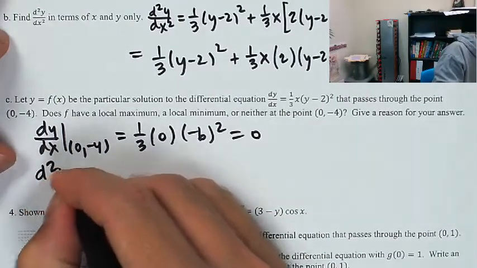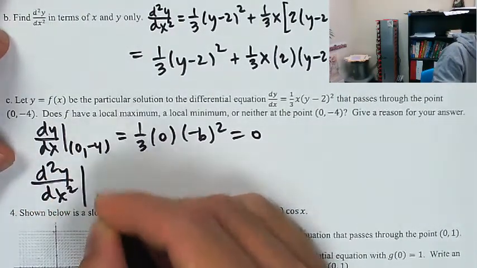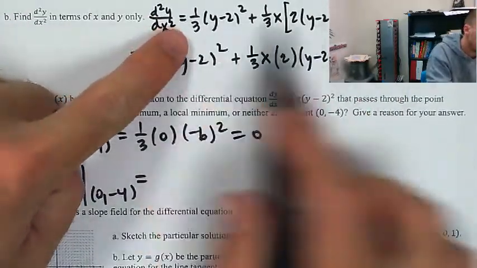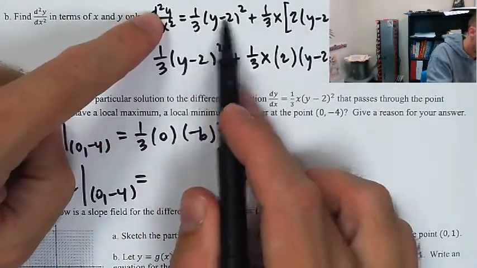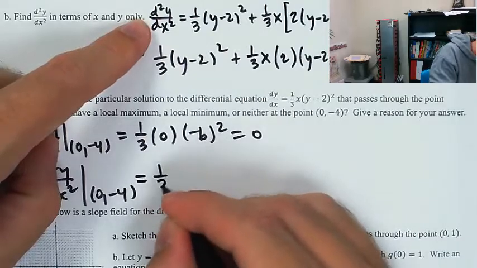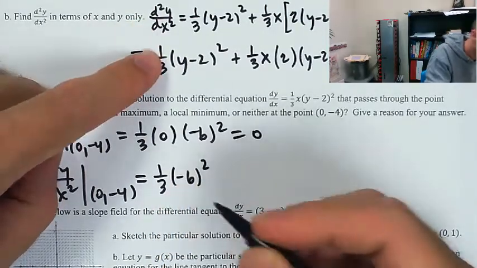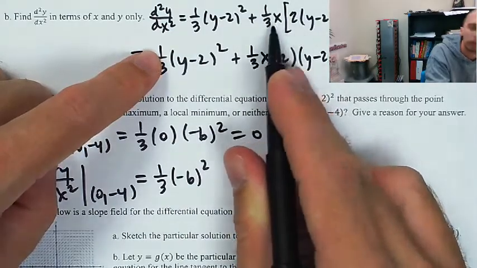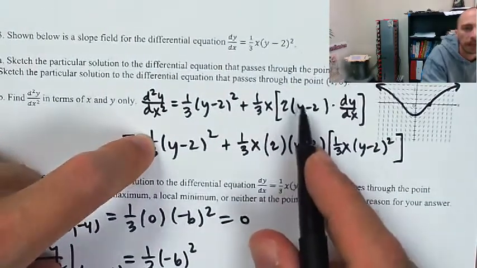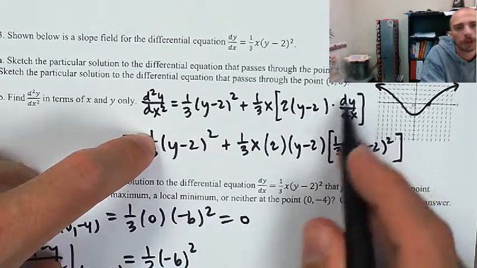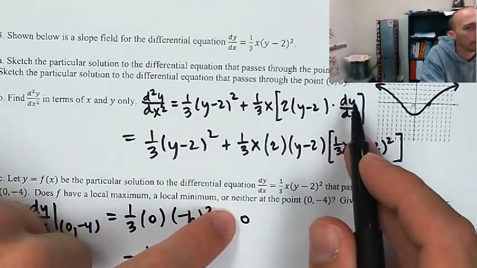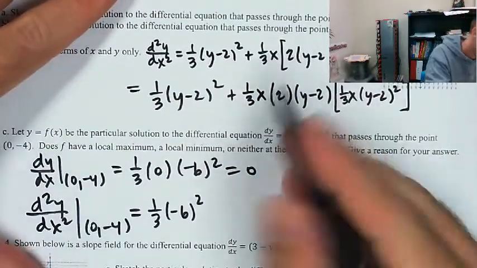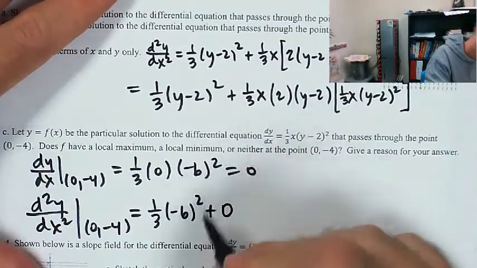Okay, the second derivative at that point, I'm going to use this formula right here. 1/3 of (y - 2) squared is 1/3 of (-6) squared, plus 1/3 of x, plus a bunch of stuff that's all multiplied together and has a dy/dx in it, and I just showed that dy/dx is 0, so this whole term is going to go to 0. So I'm just going to say plus 0.